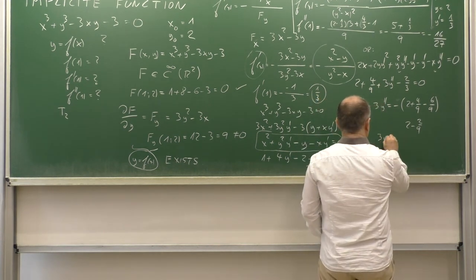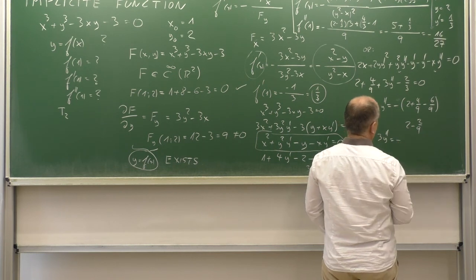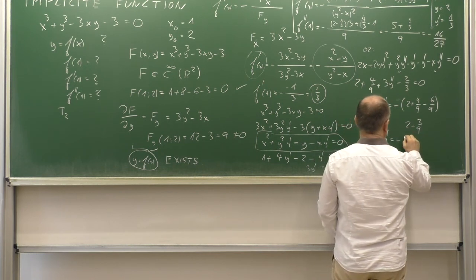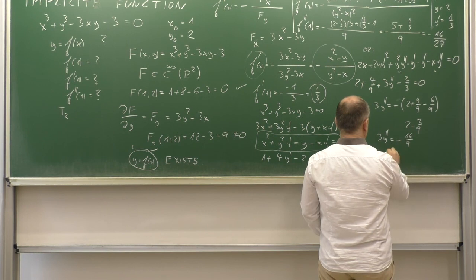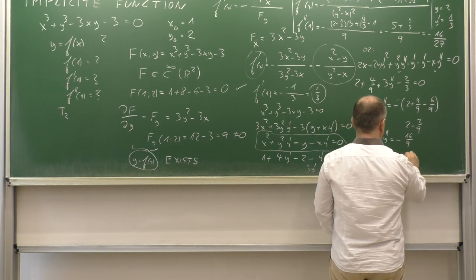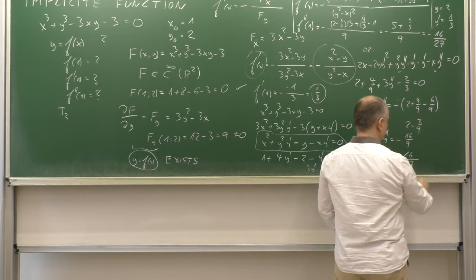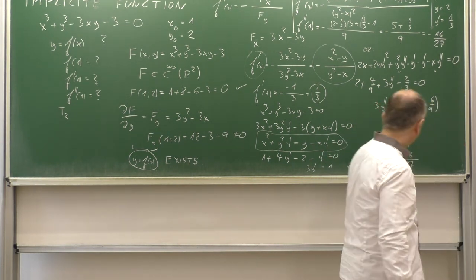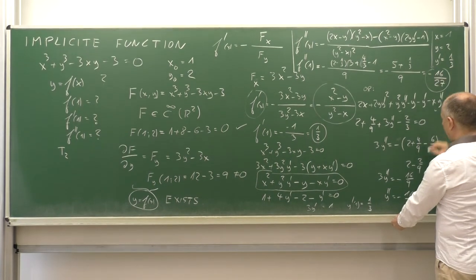So 3y second is minus 16 over 9, and then y second is minus 16 over 3 times 9, which is 27. Yeah, which is the same as before.